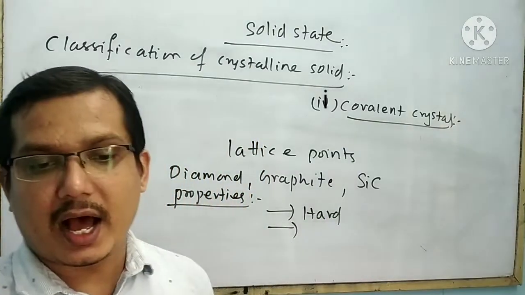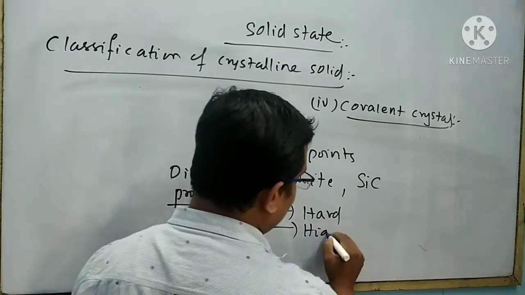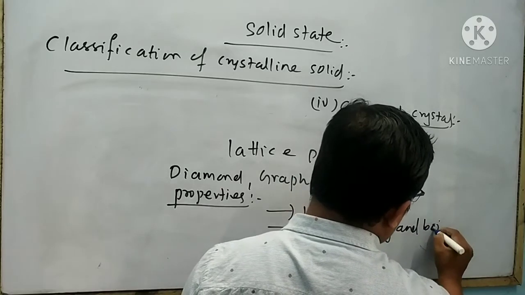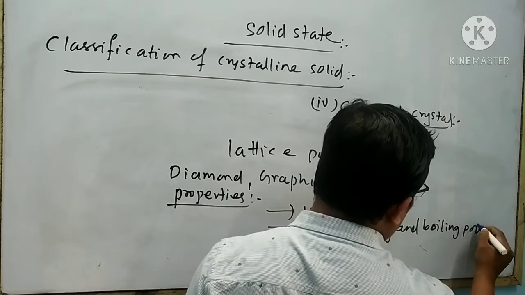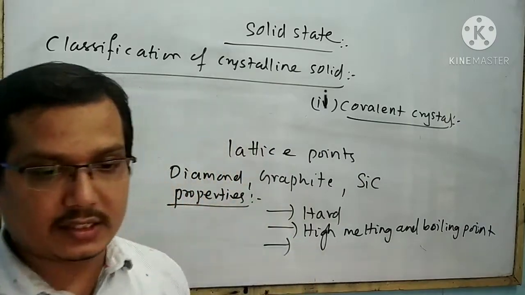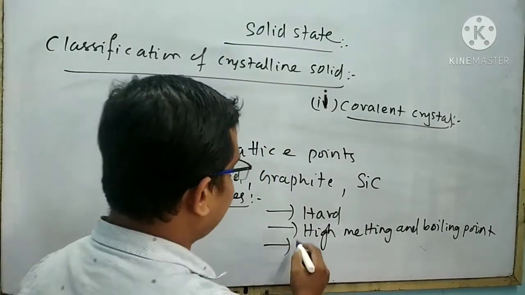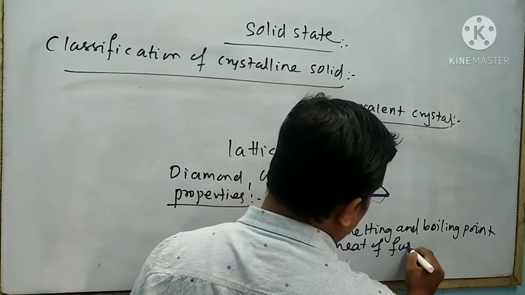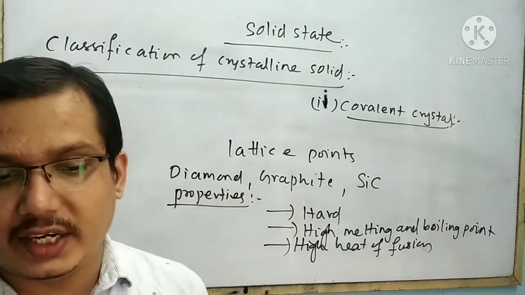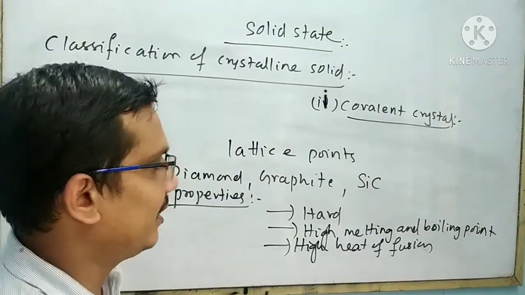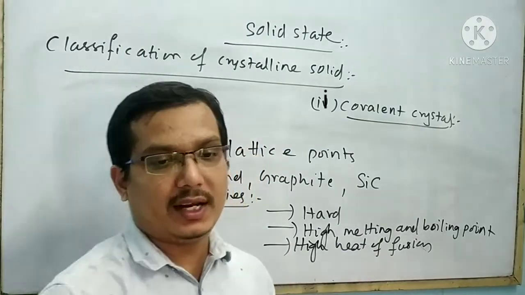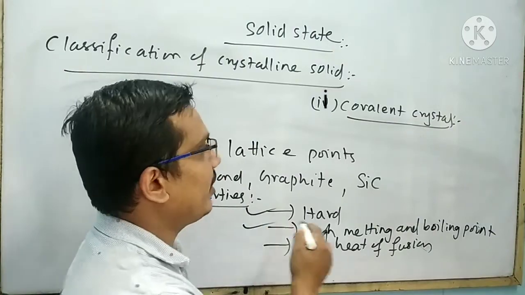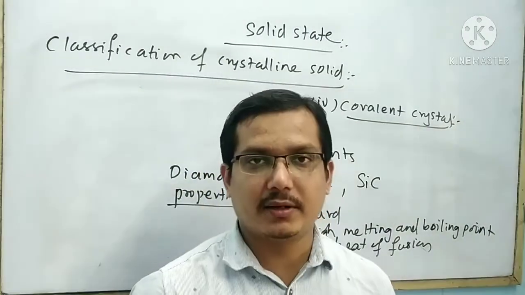Next point is high melting and boiling point. Next point is high heat of fusion. Next point is these are insulators except graphite. These are the few properties of covalent crystal.